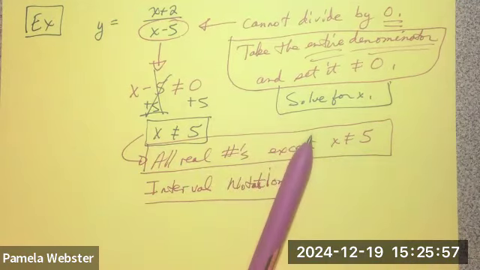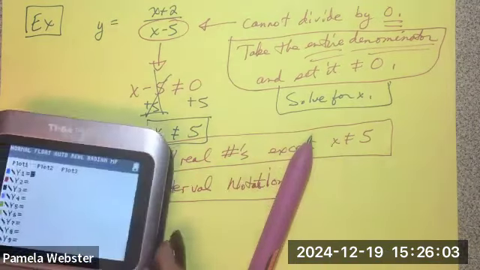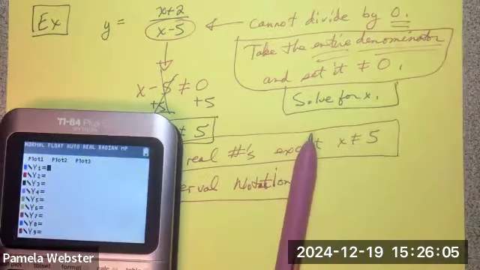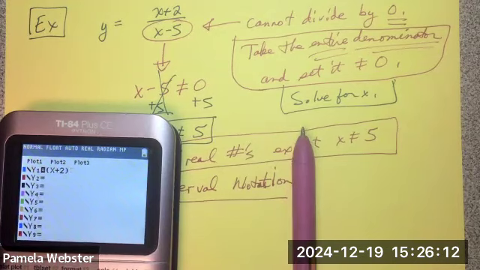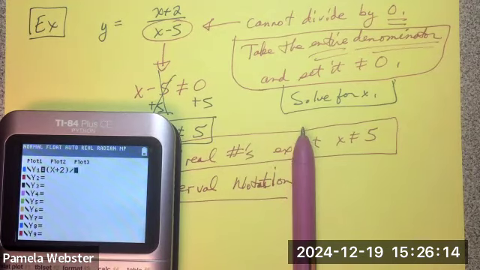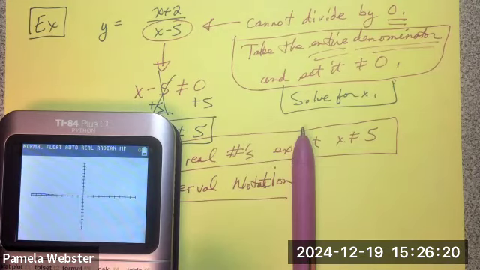Let me put this on my calculator and see what the graph looks like. So y equals, on the top I've got x plus 2. It's in parentheses because that's the entire top, divided by, on the bottom I've got x minus 5, in parentheses because that's the entire denominator. Let me graph it and see what's happening.